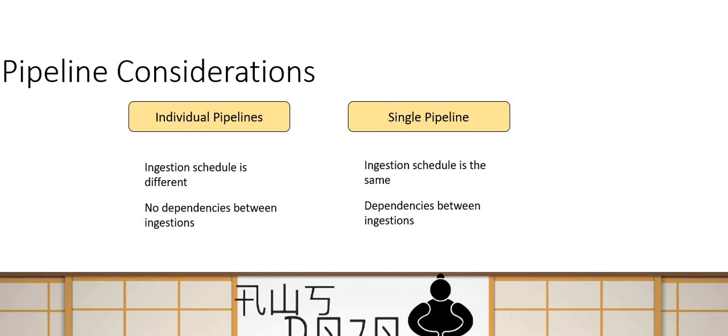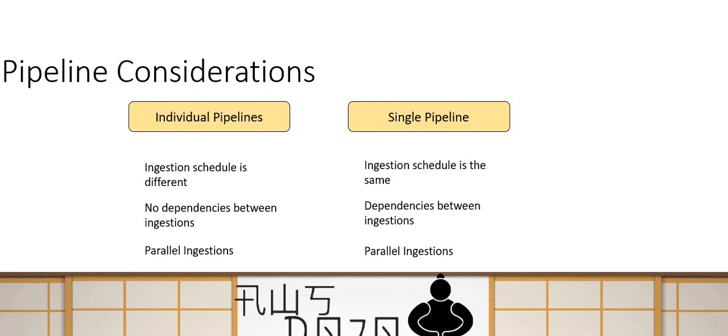But sometimes it might happen that you want to ingest a master table first and then the detail table. Technically, I want to put it here that if you have dependency between your tables, then a single pipeline makes more sense than individual pipelines.